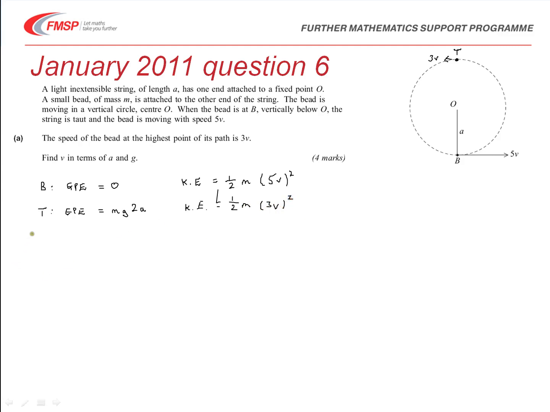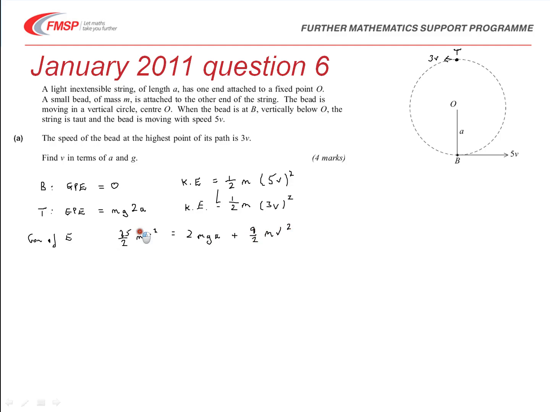And as we said, energy is conserved, so by conservation of energy, it's useful to write these little notes in, we can then say that the total energy at B, which is a half times 25, so we can call that 25 over 2 mv squared, must equal the total energy at T, which is going to be 2mga plus 9 over 2 mv squared.